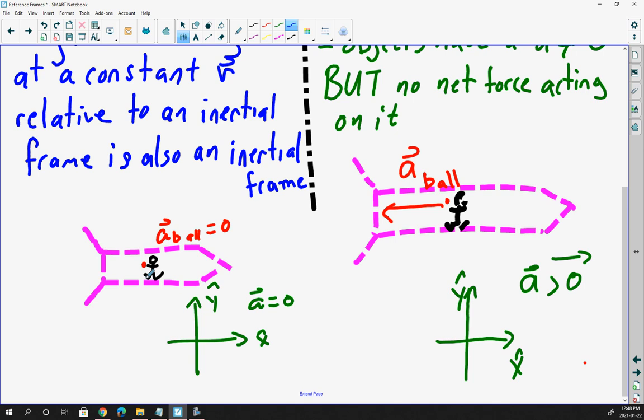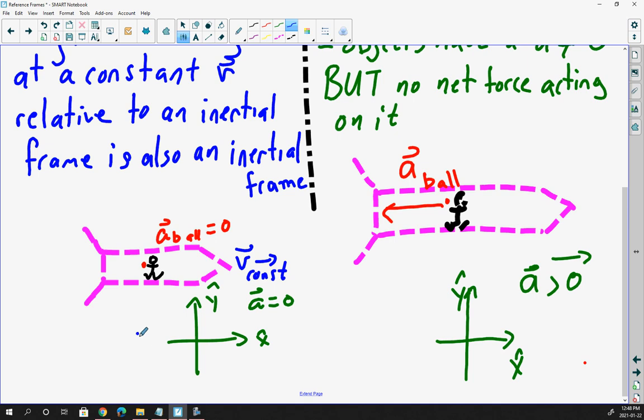So here's a person in a spaceship, and the spaceship is not accelerating. It's moving forward with a constant velocity. The person in the spaceship is holding a ball, and when they release the ball, because they're out in the middle of nowhere, there's no gravity, the ball just stays there.